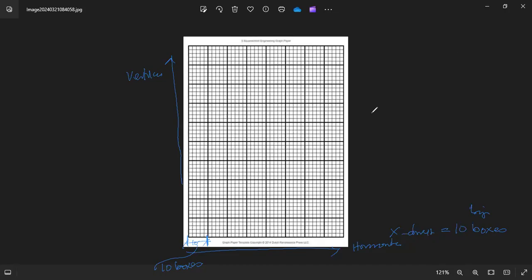Some people's graphs are totally different, but that's fine, it's not an issue. I'm using somebody's assignment graph sheet, and if I count on the vertical, I am getting 12 big boxes.